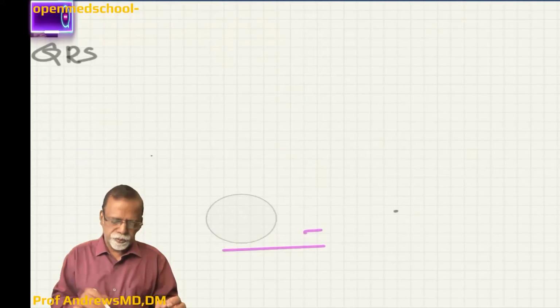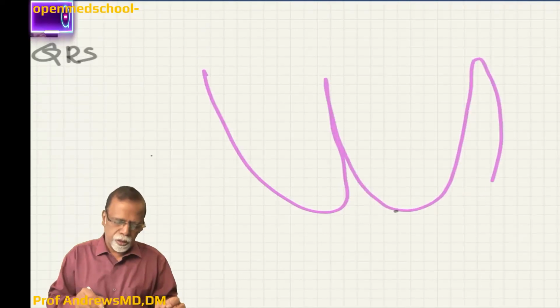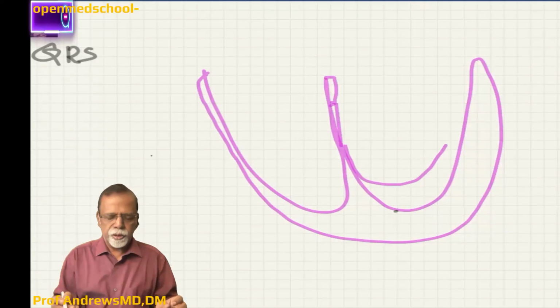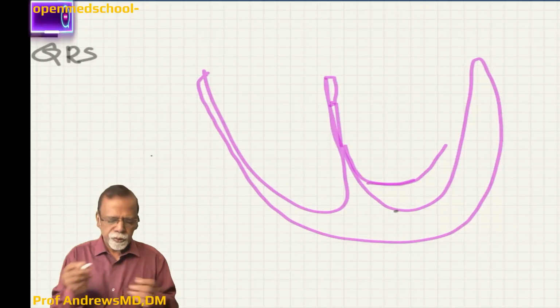Let us look into that. The QRS complex is due to ventricular depolarization. From the AV node, the bundle of His divides into the right bundle and the left bundle, which divides into the anterior and posterior divisions.